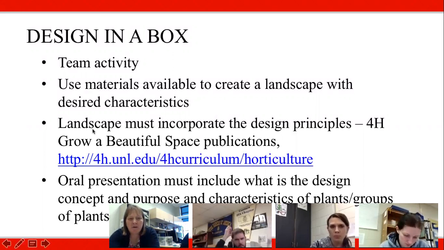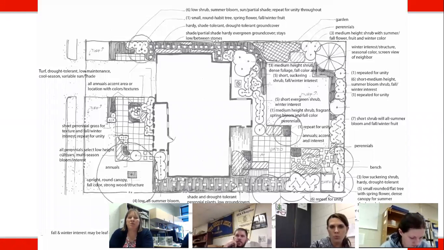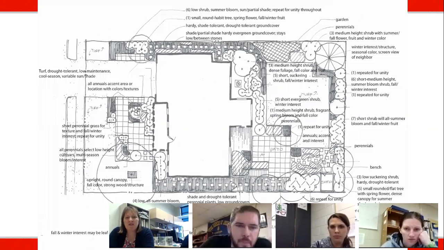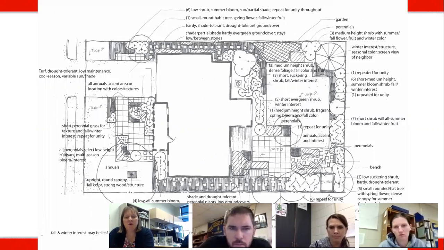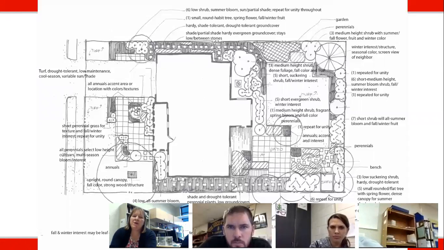So this is a preliminary design, and I realize it's small, but it looks almost like a finished landscape. What you'll notice on here is that we don't name specific plants. We don't say this is a red oak, this is goldenrod, this is sedum. What we do in here is we put the reason why we put that plant in that area. And then in the final step, we start to name the plants.